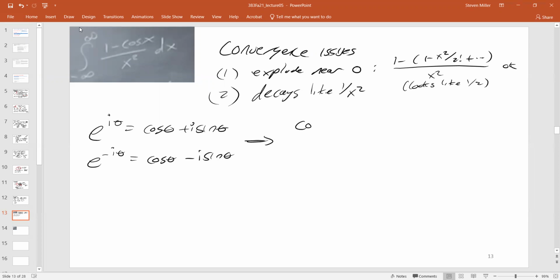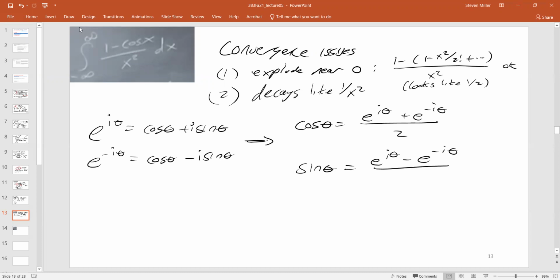So from this, we get cosine of theta is e to the i theta plus e to the minus i theta over 2, and sine of theta is e to the i theta minus e to the minus i theta over 2i. So what we can do is replace functions like e to the z or cosine with each other. We can go back and forth.